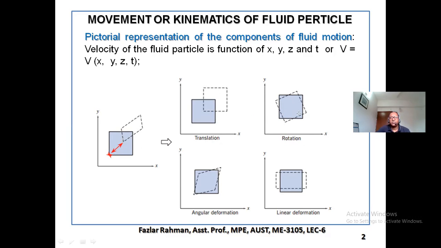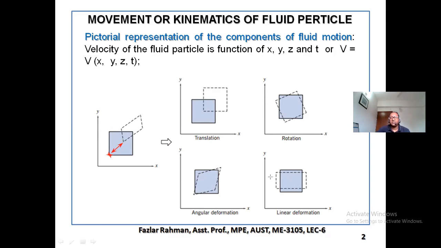And after rotation, it has some angular deformation. So you see right over here, it rotated, but there is no angular deformation because all the sides are still vertical. But right over here, it has angular deformation. After angular deformation, then there is a linear deformation.